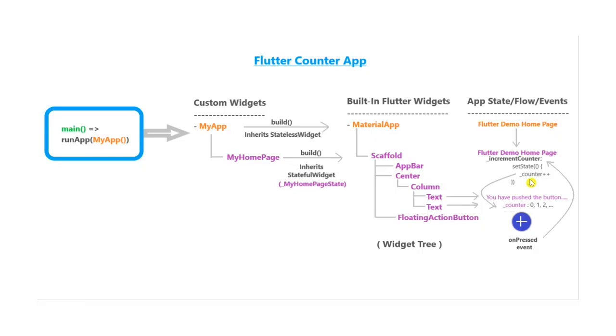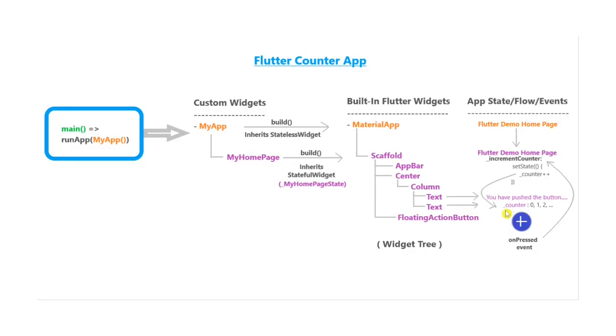Essentially, each time setState is called, the counter is incremented and the counter gets updated here in the Text widget. That is basically just to give you an idea of the structure, like what is the starting point, how the widgets can be organized and built using the built-in widgets, and how the events are handled with callbacks.